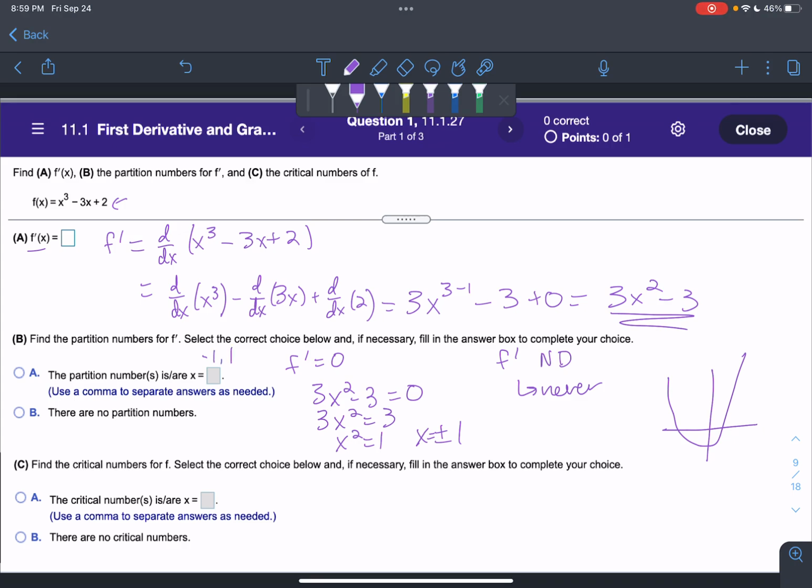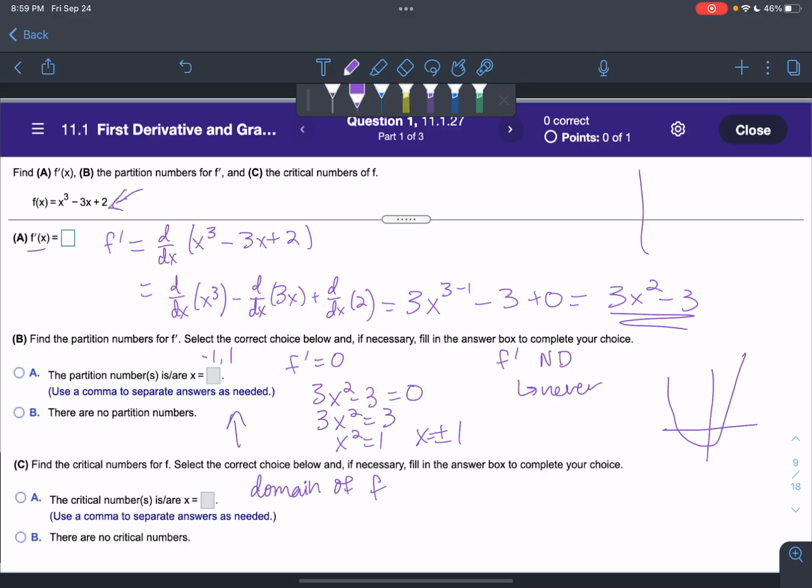And then these critical numbers, these are basically the same numbers as our partition numbers, but they have to be in our domain of f. So domain of f, so f itself is a polynomial, right?